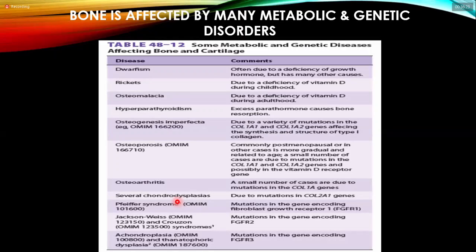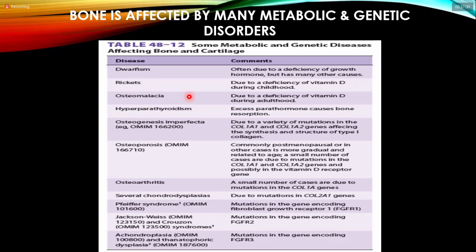For example, dwarfism, a condition related to bone formation, is caused by the deficiency of the growth hormone as a regulatory ligand, while rickets is developed by the deficiency of vitamin D. Osteomalacia is the adult form, because it is similar to rickets, and it is also associated with vitamin D deficiency.